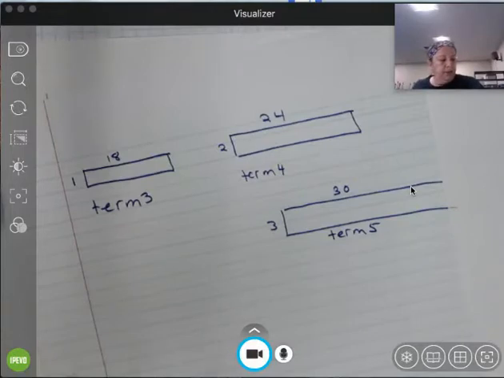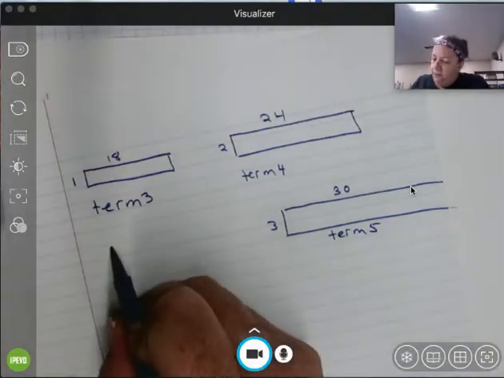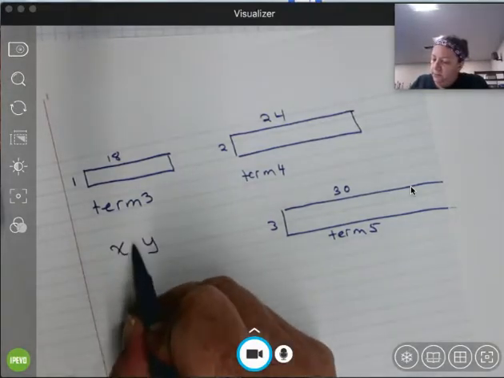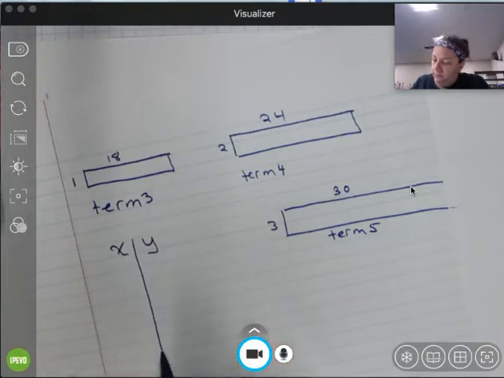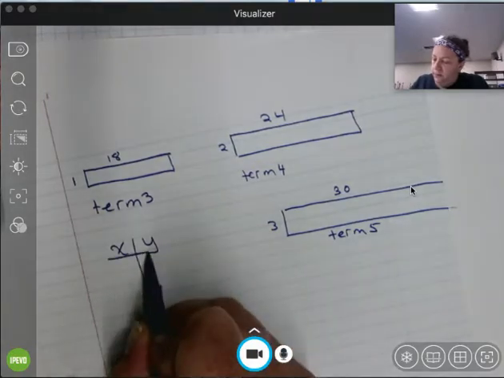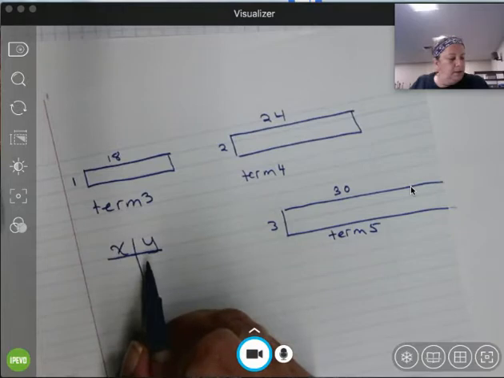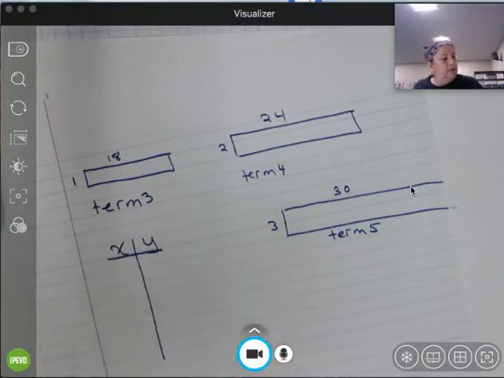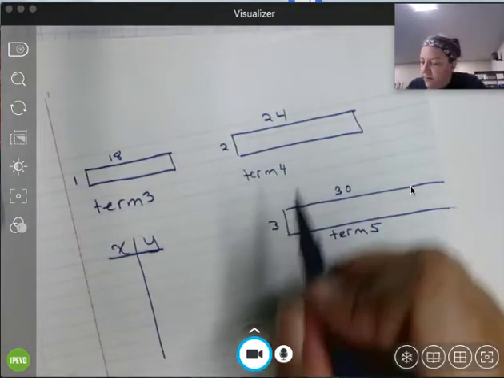And the next thing to do is to make a table of values. So let's do an X and Y table. Sorry, I left my notes someplace else, but I think I can do this off the top of my head.